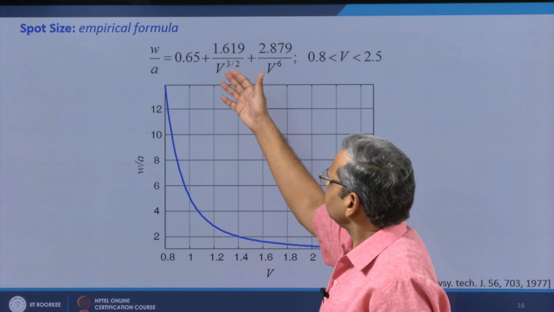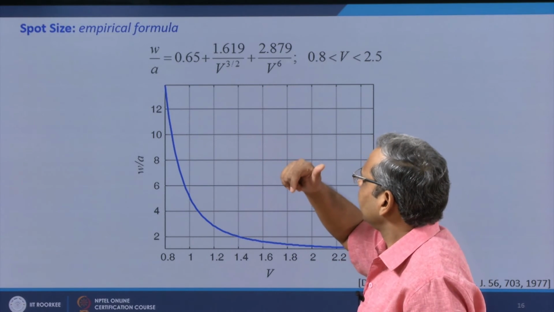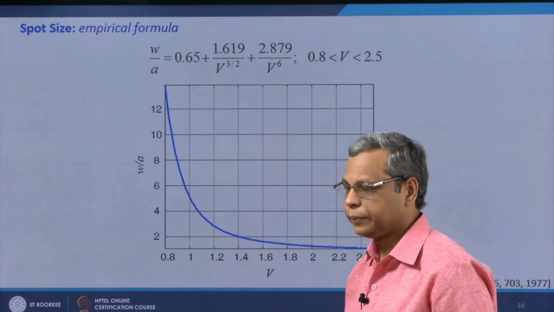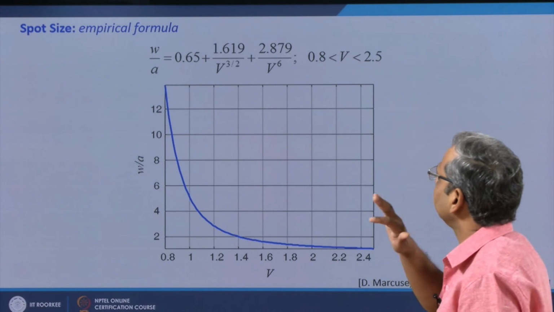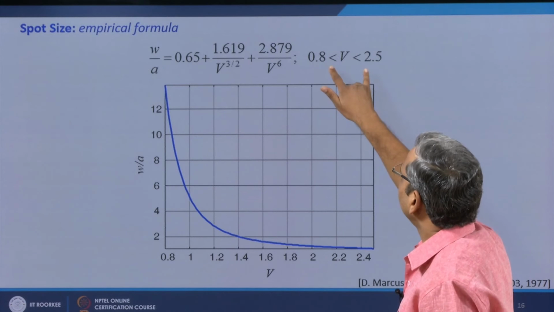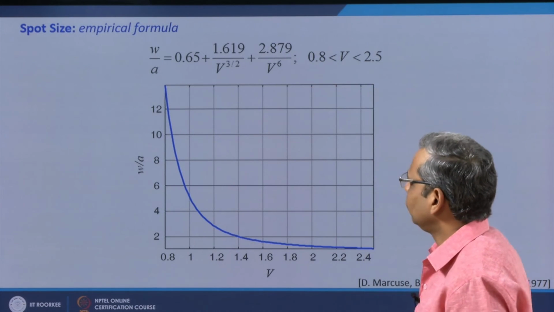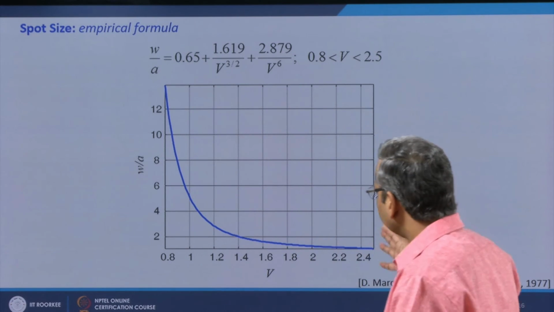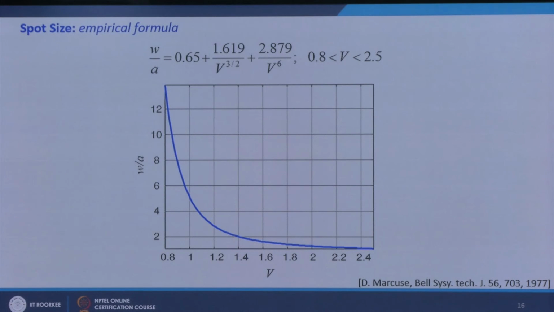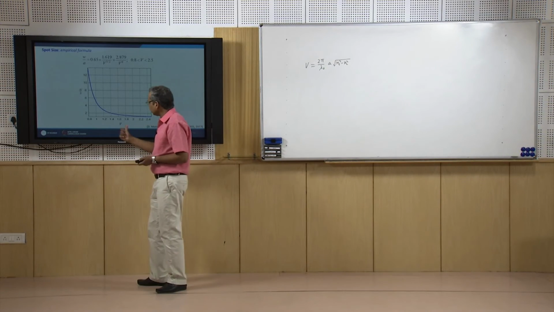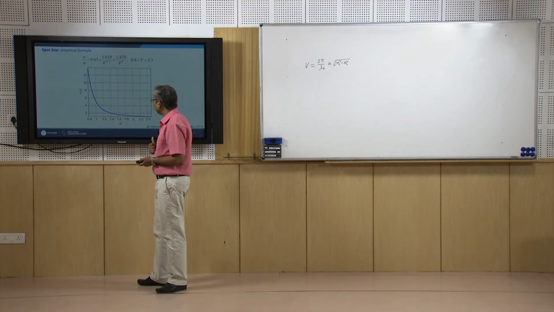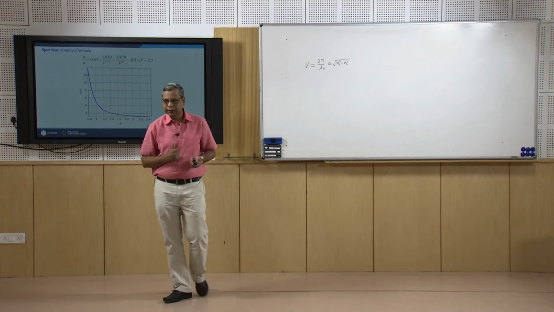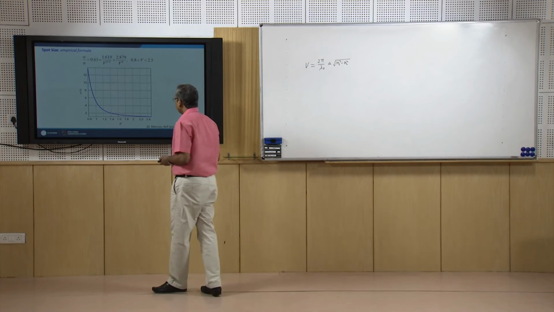With this relation I can find the spot size of a given fiber if I know the value of V, and this empirical relation is quite accurate in the range of V from 0.8 to 2.5. If I plot it, it goes like this, and this is an obvious result: as I increase the value of V, the confinement in the core increases, and therefore the value of W over A decreases.